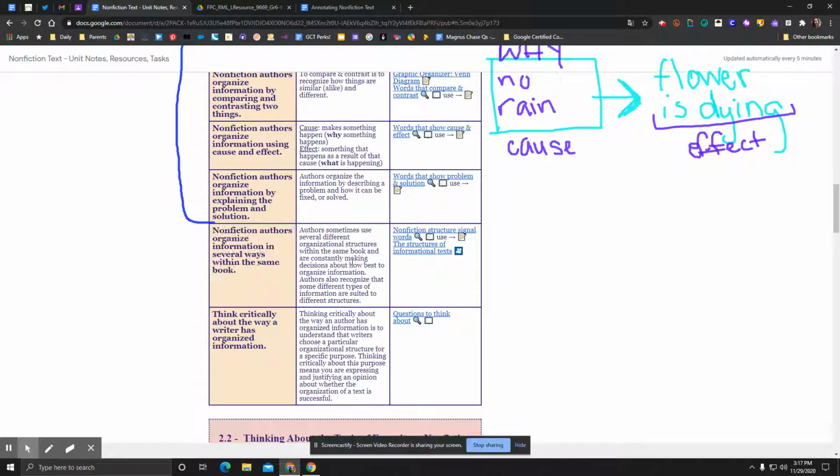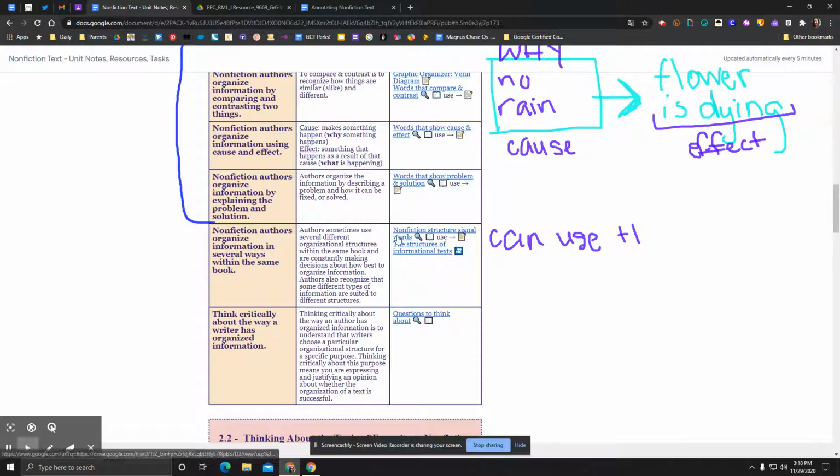They can. So authors can actually use more than one way to organize information. So they can use more than one method to organize their information.